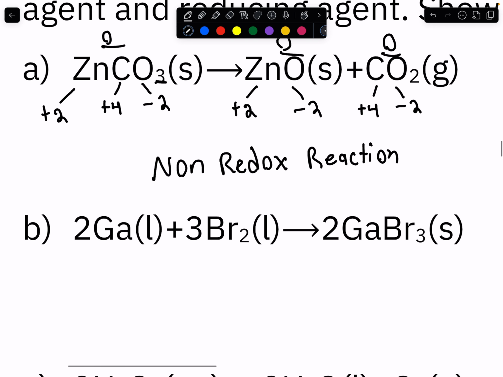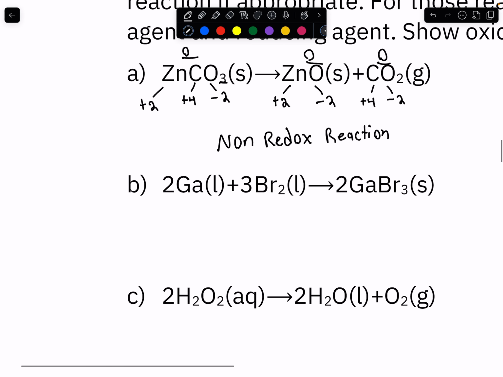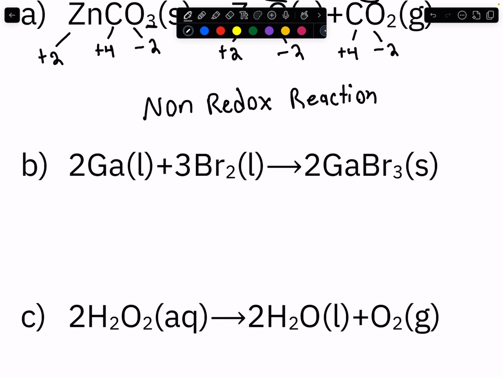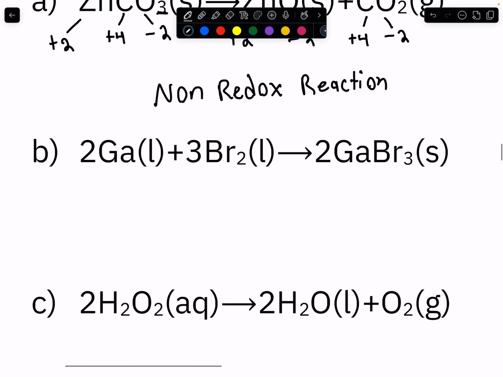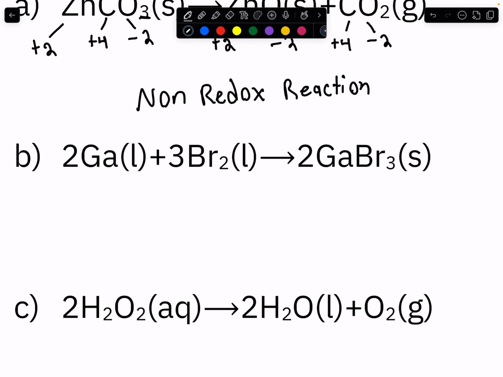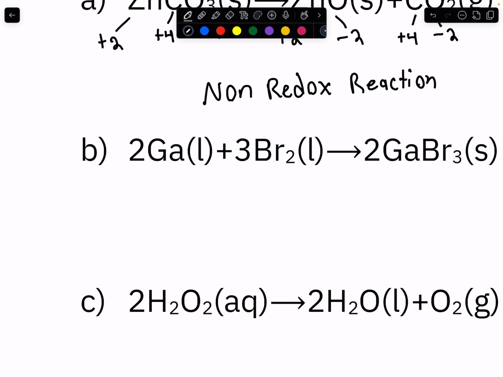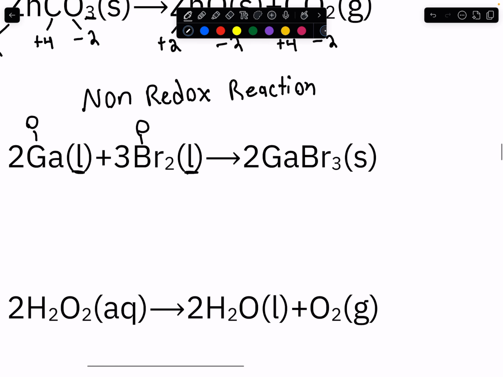That doesn't mean that everything that we have here is going to be zeros. In fact, this case is kind of funny. Our gallium and bromine, because these are in their natural states, are going to have a 0 charge. However, our ending is going to be 2 galliums per 3, or 6, bromines.